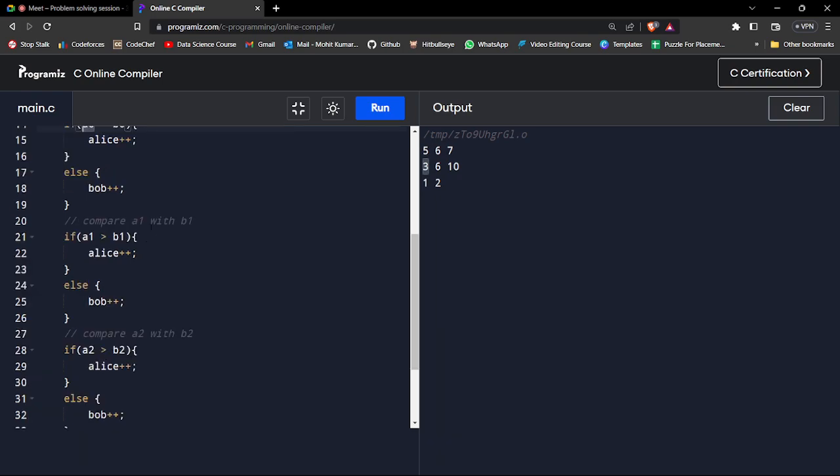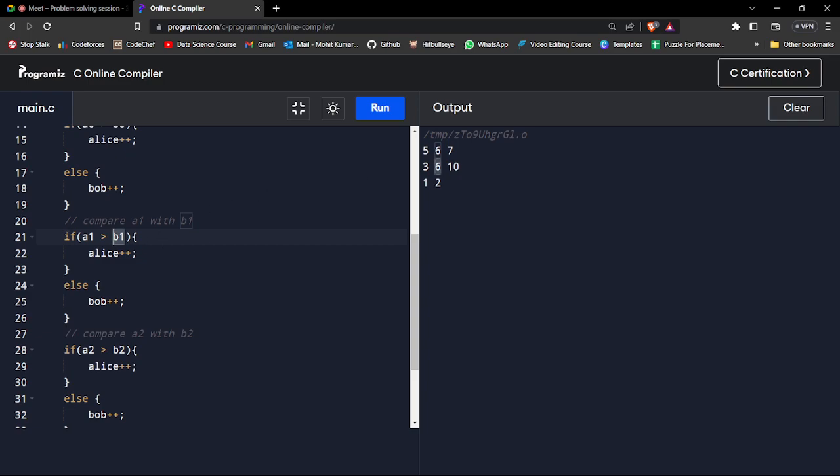Now we have to compare A1 with B1. So if A1 is greater than B1, no. In this case, A1 and B1 both are same. So Alice plus plus, no. Bob plus plus, no. But you can see here that if A1 is not greater than B1, these both values A1 and B1 are same.